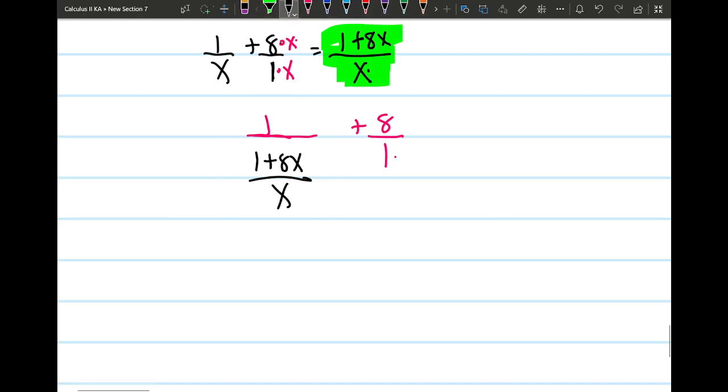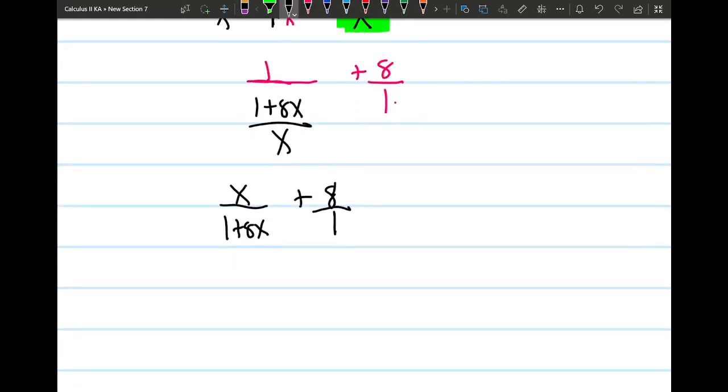But since the numerator is 1, we're just doing the reciprocal. So we're just going to flip it over. This is going to be x over 1 plus 8x plus 8 over 1, right? And the reason why I know that is because 1 divided by c over d is equal to d over c, because keep it, change it, flip it.